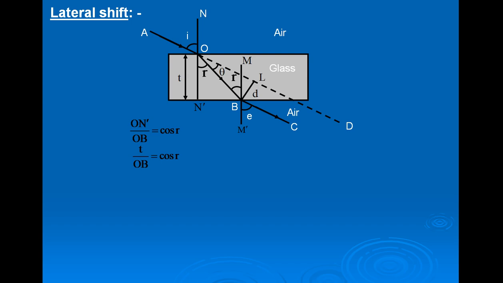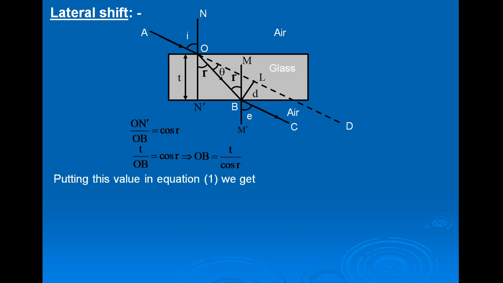Therefore, T upon OB is equal to cos R, because ON' is equal to T, the thickness of the glass slab, or by rearranging, OB is equal to T upon cos R.